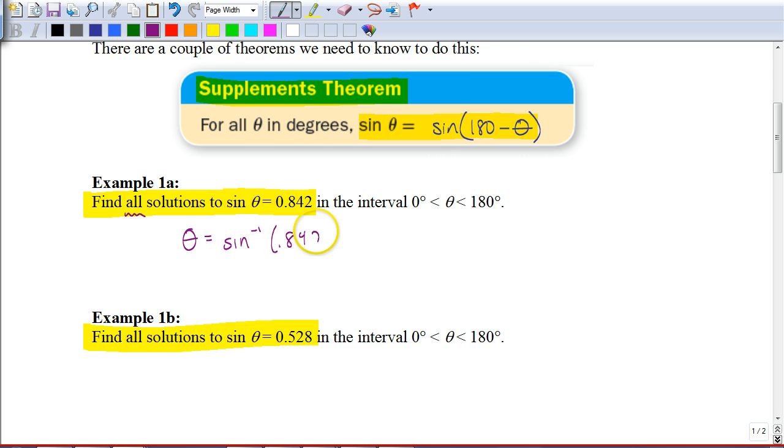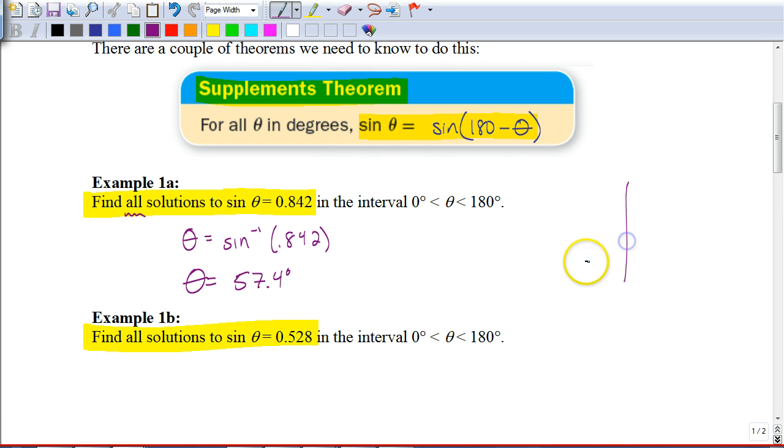Of 0.842. When I do that on my calculator, the inverse sine of 0.842 is going to be 57.4 degrees. Well, that's just what the calculator tells you. There's going to be another angle where, if I take the sine of that angle, it too would give you 0.842.